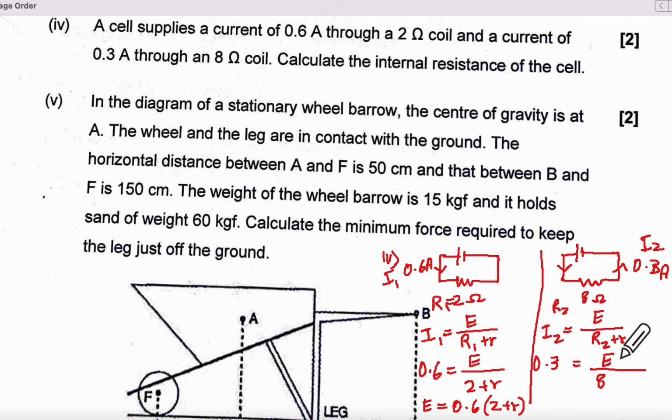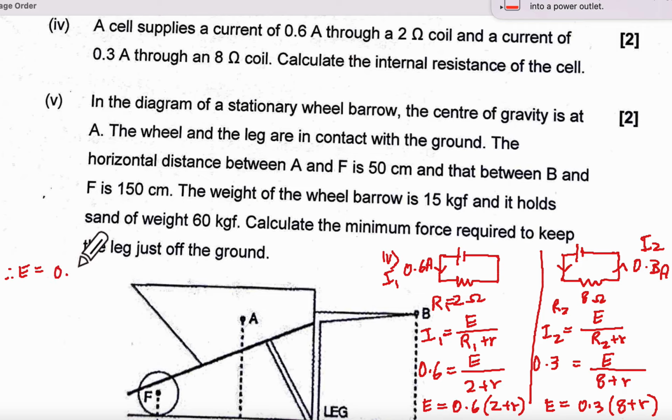Quietly do exactly the same thing. Okay? You don't complicate the issue. I've seen your work. You are missing the steps and complicating the things and losing marks. Just now I checked your work, no? So now E is equal to what? 0.3 into bracket 8 plus R. I'm not interested in E equal to blah. So you will say therefore E equal to 0.6 into 2 plus R, and that's equal to 0.3 into bracket 8 plus R. Okay.